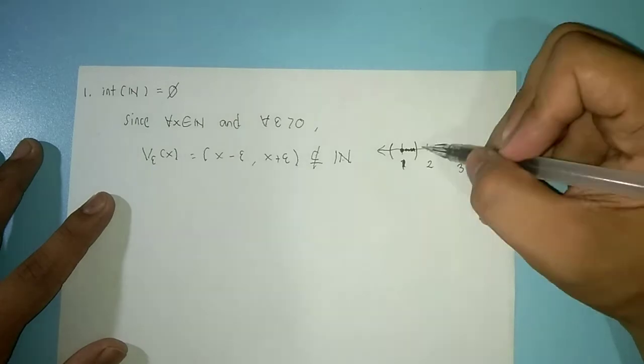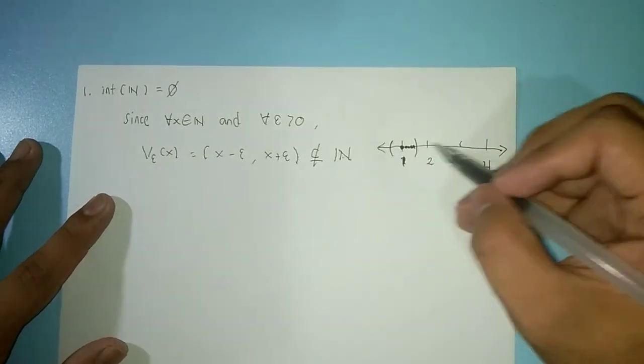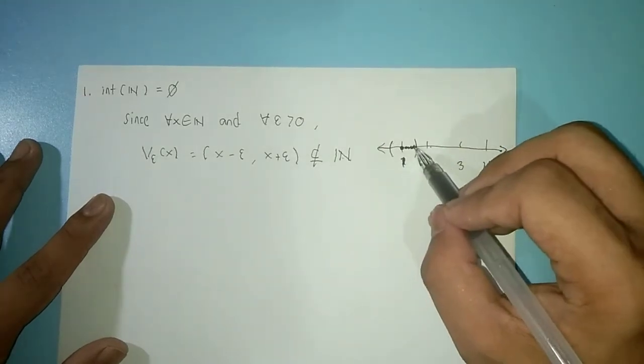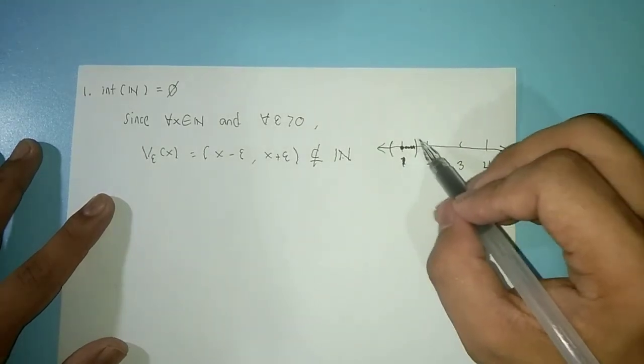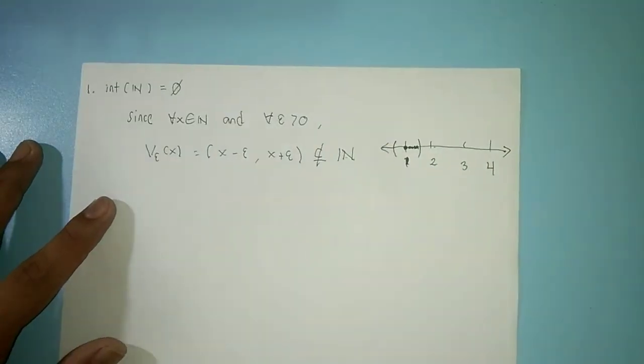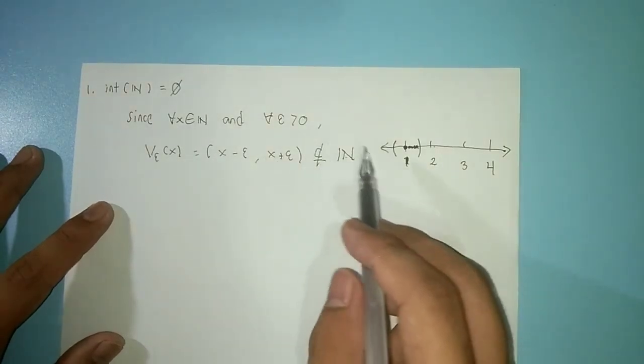Okay? So dito sa epsilon neighborhood niya, kahit lakihan mo, let's say ilagpas mo dito sa 2, yes, makukuha natin yung 1 tsaka 2, but may makikita pa rin tayo sa pagitan nila which is not a natural number. So imposible tayo makapag-provide ng epsilon neighborhood which is a subset of the set of natural numbers.